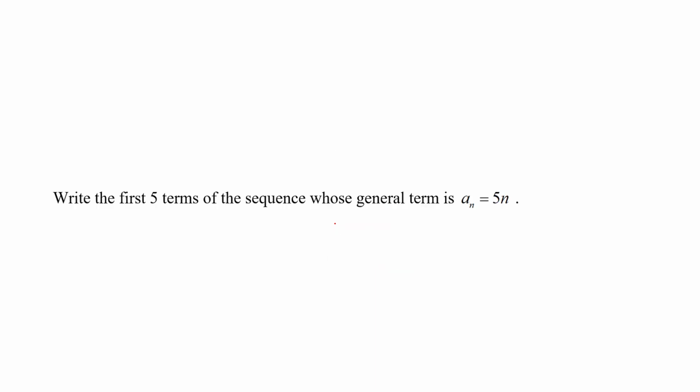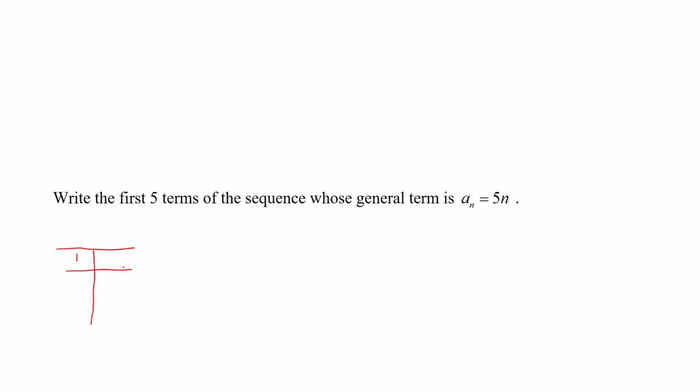Write the first 5 terms of the sequence whose general term A sub n is 5n. When we were working with functions, there's no such thing as a first term unless your domain is a closed interval with a closed left endpoint. But with sequences, in our class, the first term is going to be the output when the input is 1.